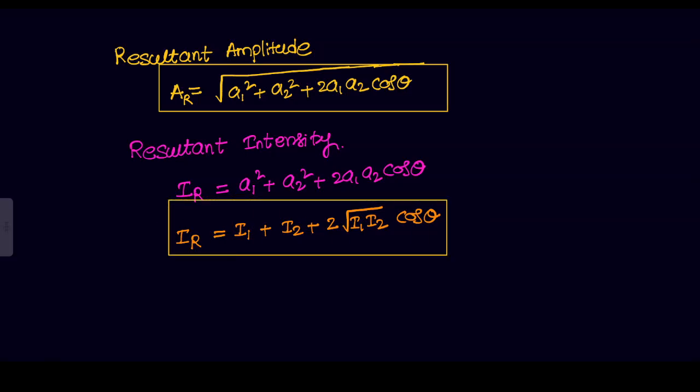But in the other formula, the root is there. Now, based upon the angle, the results change. If the angle is given, we will see the amplitude and intensity for different angles.